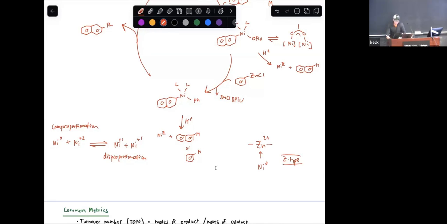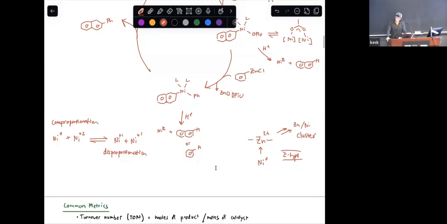And in this case, they were actually able to identify a zinc nickel species, and I won't draw the structure here. I'll include the reference for this from Ruben Martin's group. But I won't draw it out because that would take the rest of the lecture. It makes a well-defined zinc nickel cluster that's inactive.